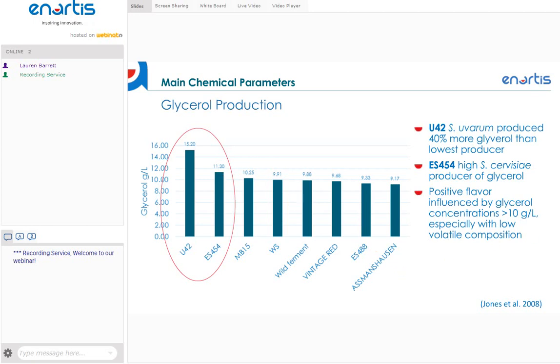It has an effect if it's 10 grams per liter or more on the viscosity and mouthfeel of wine, and is an important contribution to the overall sensory perception of other volatiles. So for those producers who are looking to increase mouthfeel and smoothness, applying U42 and ES454 would be good candidates for trying to get that characteristic in your Pinot Noir.